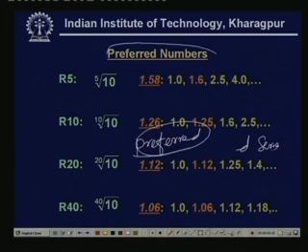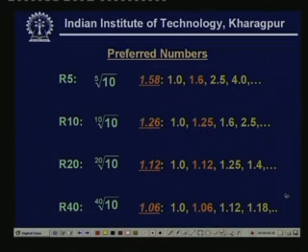So, that means this way one can think in the line that you manufacture these products in such a way that you follow a definite series, so that the designers know that I only get the sizes of this.